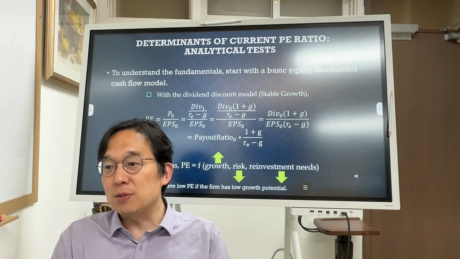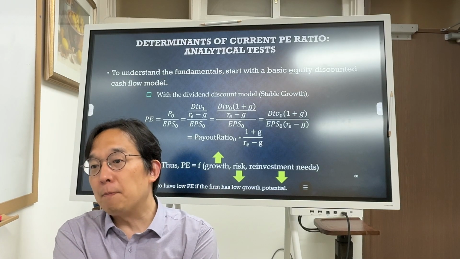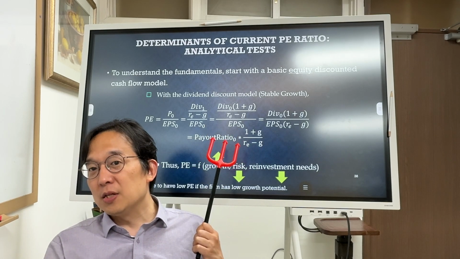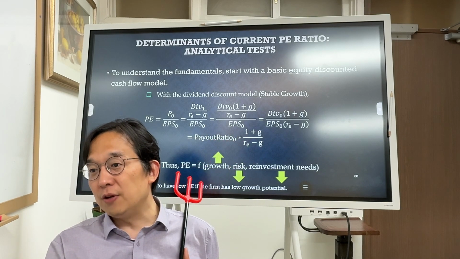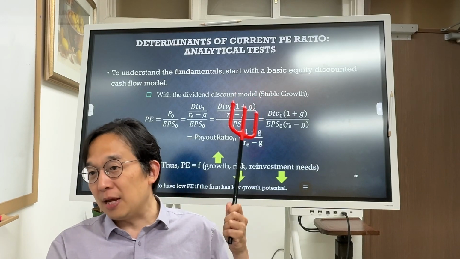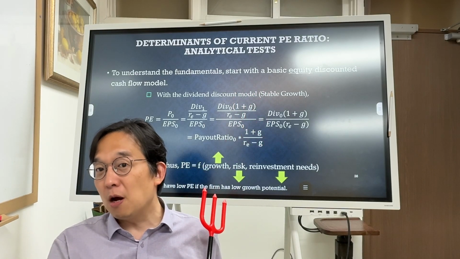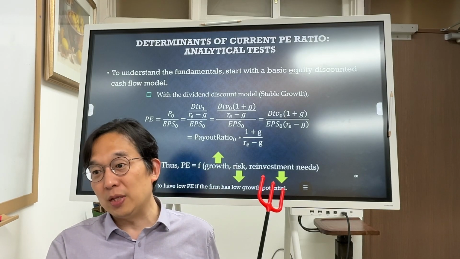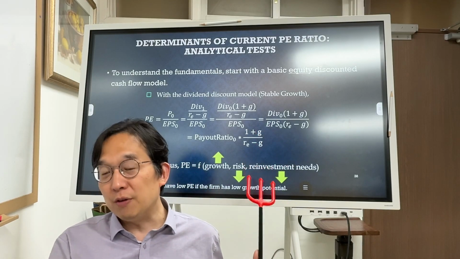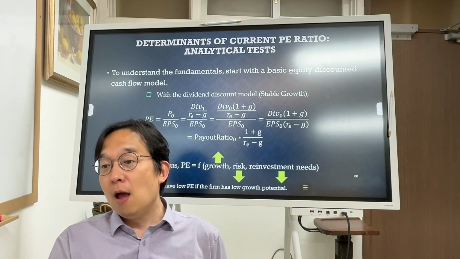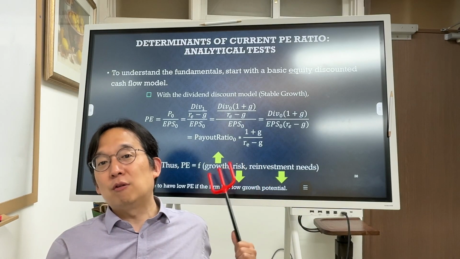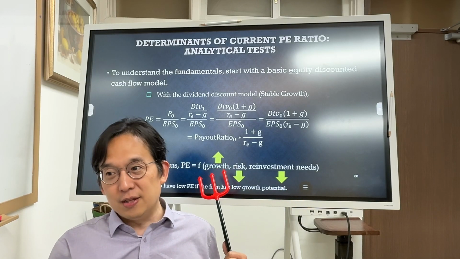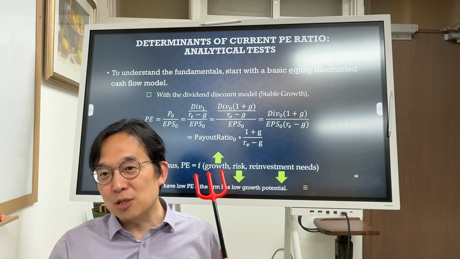If you need to reinvest more, the payout ratio will be smaller, which means the PE ratio will be smaller. So that's why we have a negative relation between the PE ratio and the reinvestment needs. Of course, there's a tension between the growth rate and reinvestment needs. If you are a young growth company, then you need to reinvest much more.